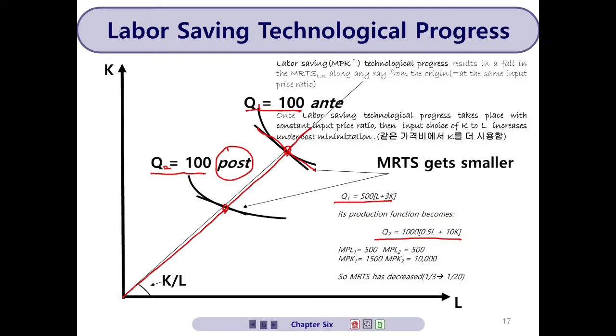So to produce 100 units, we can put specific values. Let's say Q1 is 1/5 L plus 3K, something like that. Say 1/100 unit for K and 2/100 unit of L. That becomes 1/5, and the product with 500 becomes 100.